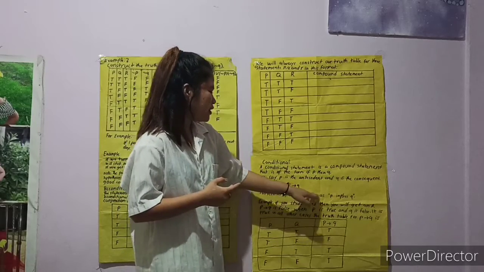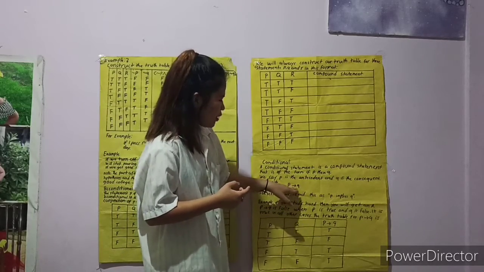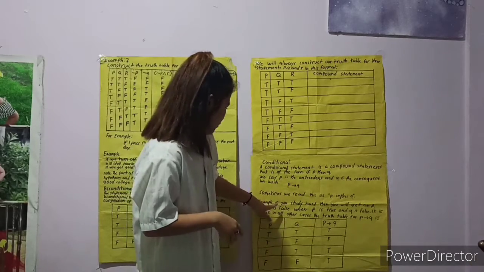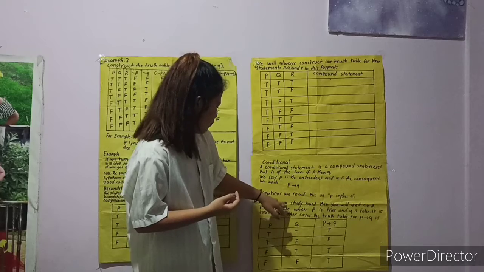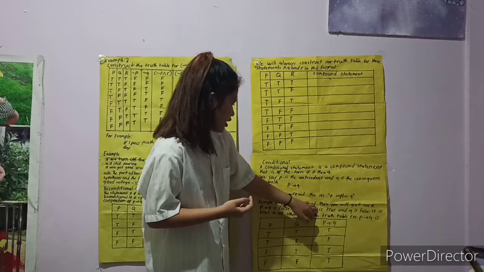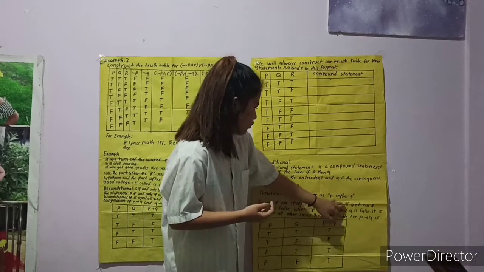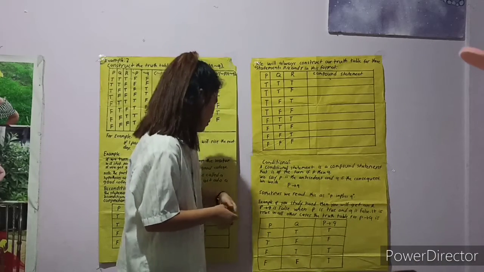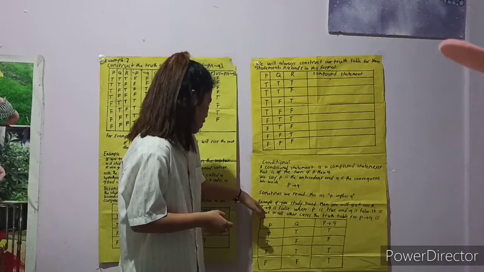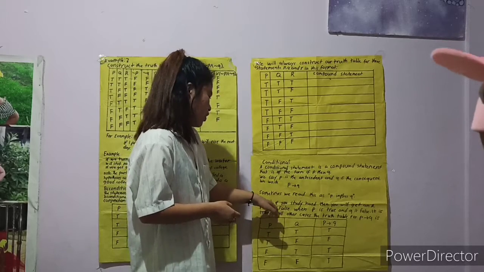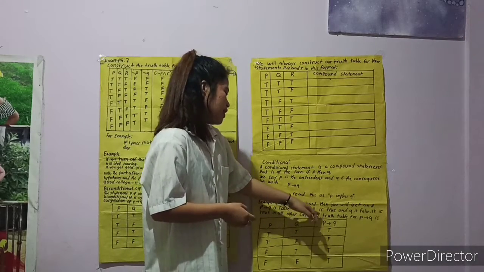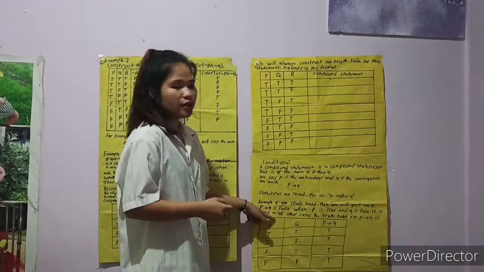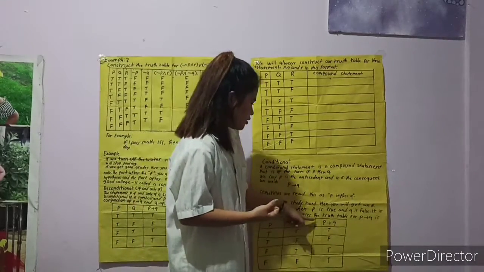Sometimes we read this as P implies Q. For example, if you study hard, then you will get an A. P implies Q is false when P is true and Q is false. It is true in all other cases.